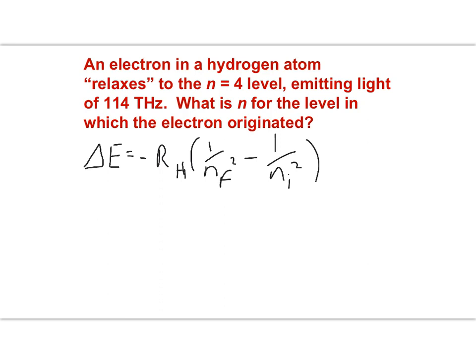So what we have is the electron, it relaxed to the n equals 4 level. So n equals 4, or the n sub f is 4. Okay, relaxes. N sub i, we don't know.